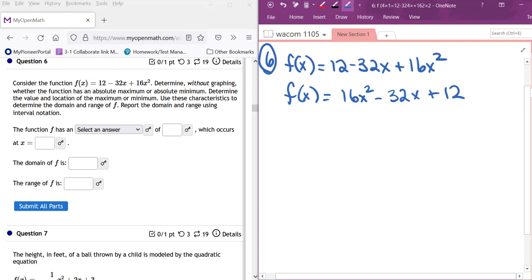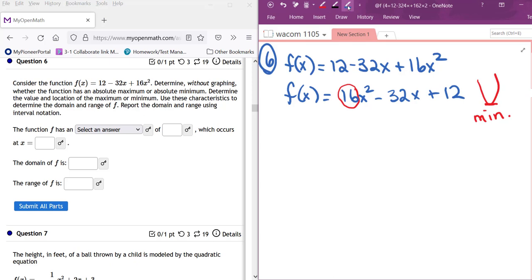So the first thing you want to know is the sign of your leading term is positive. And so positive says that it is going to open up, which says that you are going to have a minimum.